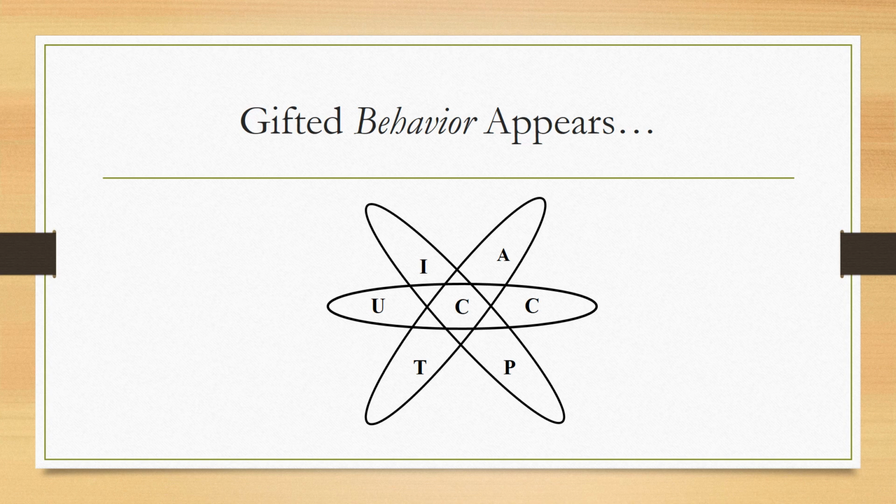Gifted behavior appears under certain circumstances, in certain people, and at certain times. So you might have these traits in one individual, but unless we as teachers bring those traits together through engaging, challenging, and motivating activities that allow for some creative productivity, we won't see the expression of those.